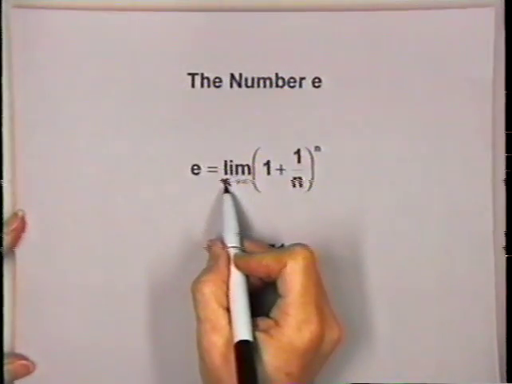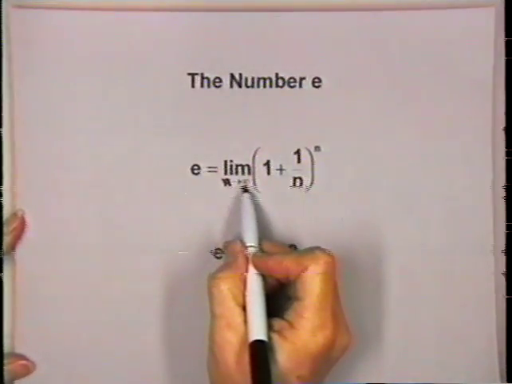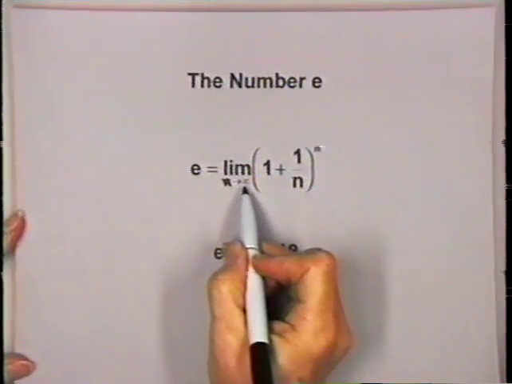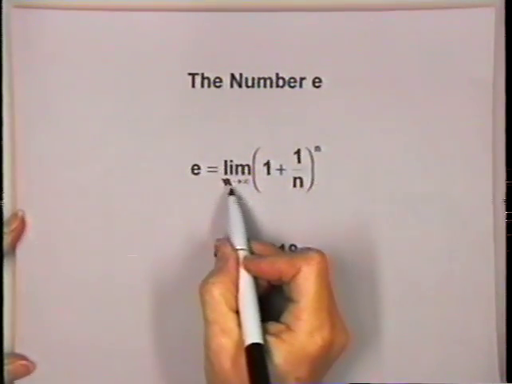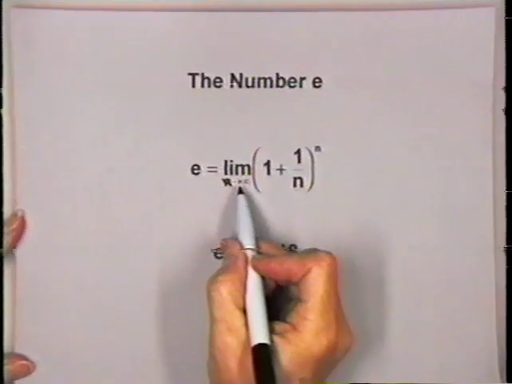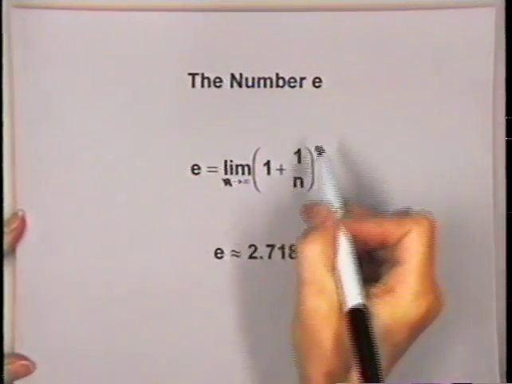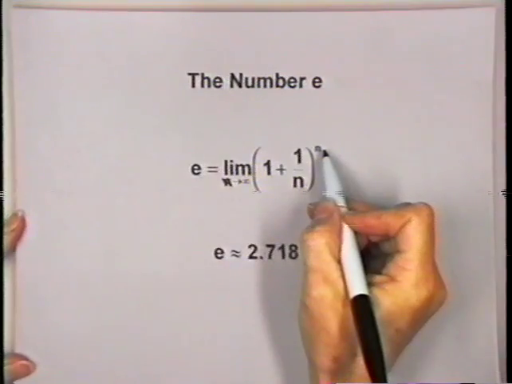By saying that n approaches infinity, you're saying that n is getting bigger and bigger in a positive direction. So we're taking very large numbers here, like perhaps 1 million or 10 million or 100 million. We're taking that big number and putting it here, and also up here as the exponent.